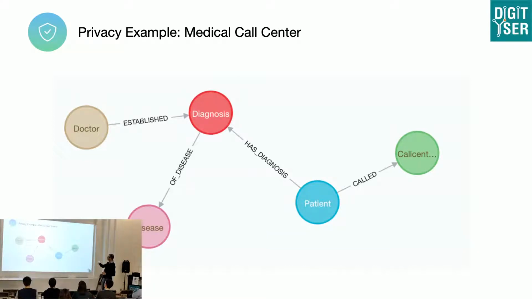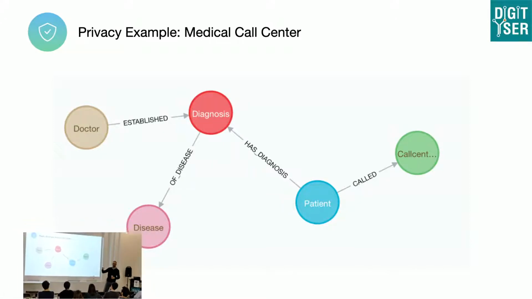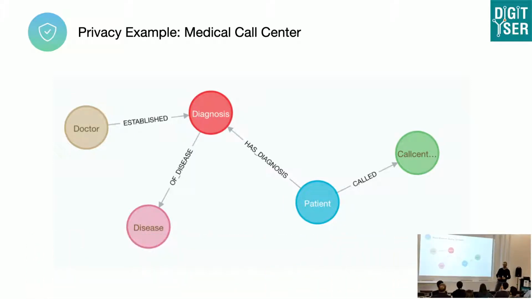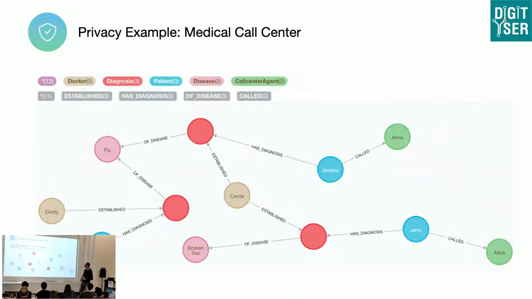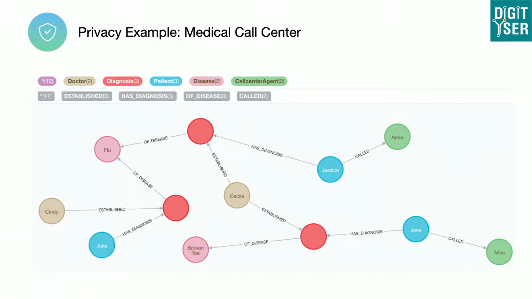4.0. So for example, this is an example of a privacy call center, of a medical call center, right? Where there's a path across a network, but different audiences need to see different levels of detail depending on their authorizations. So that basically means that some of the nodes on those paths need to be grayed out.